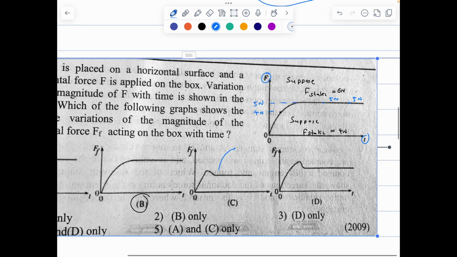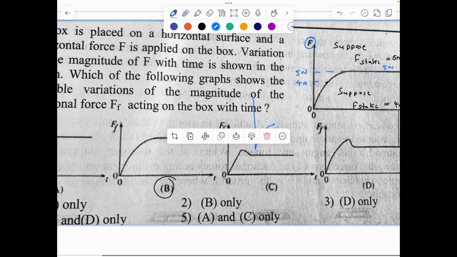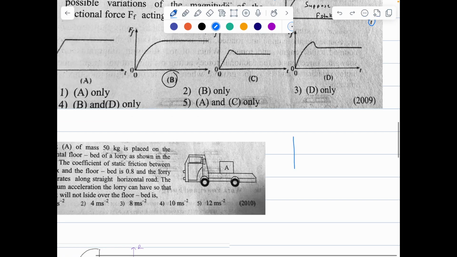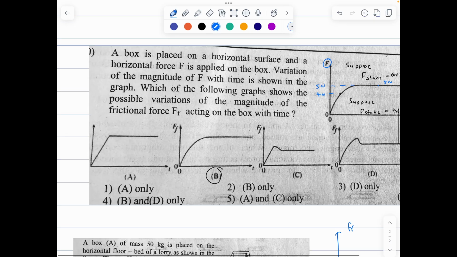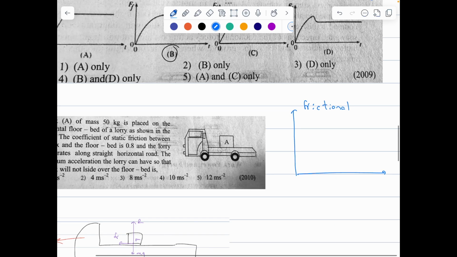So again, there's a problem, right? Hope it's fine now. Yes, I think I have to take a separate space for the explanation. So what I was talking about was, suppose the maximum value of the frictional force is equal to 4 newtons.